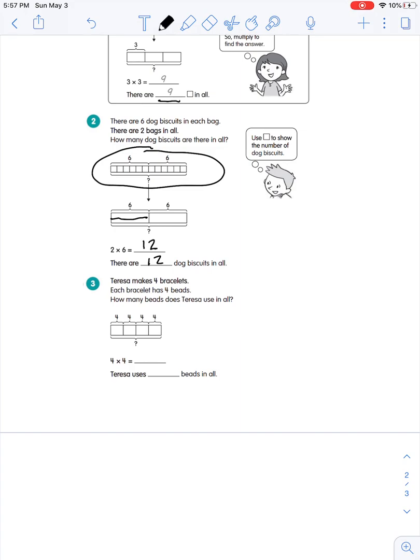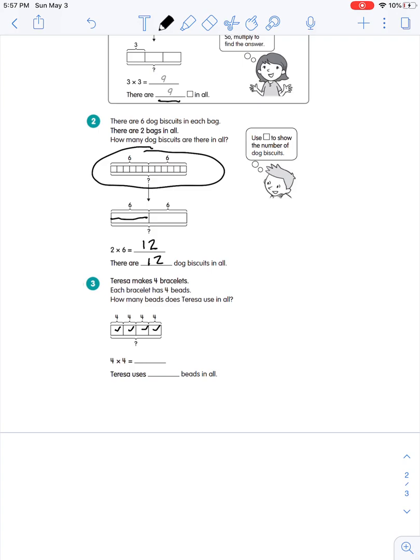Lastly, let's take a look at number 3. It says Teresa makes 4 bracelets. Each bracelet has 4 beads. How many beads does Teresa use in all? So I know she's making 4 bracelets, and each bracelet is going to have 4 beads on it. So I see on my bar model I have my 4 squares.